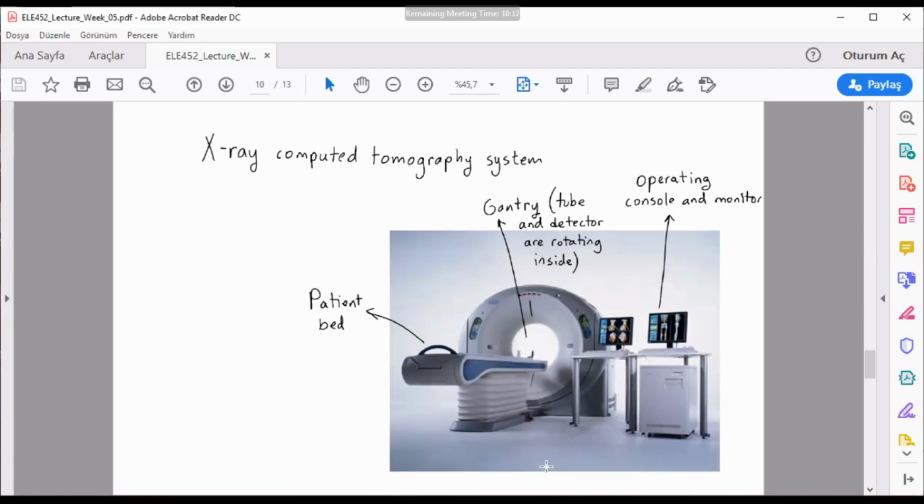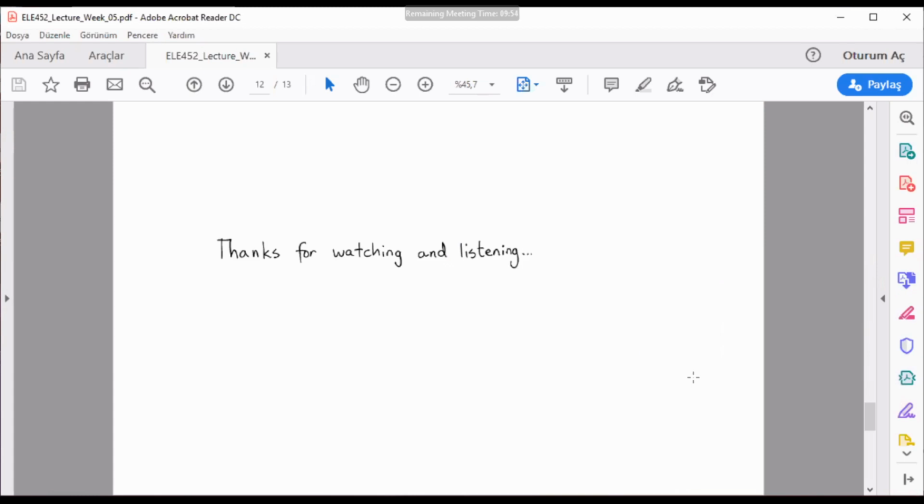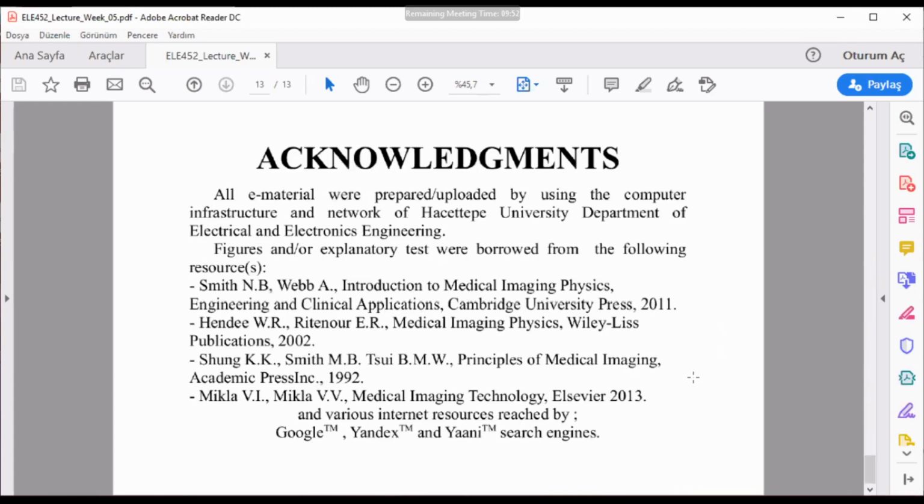It has a special room and console. Usually the console is not next to the machine, but rather in a separate room. That room is shielded to avoid the X-rays. And this is another type of tomographic system. And this is all about it related to week number 5.